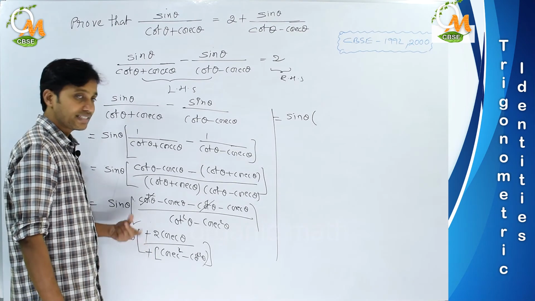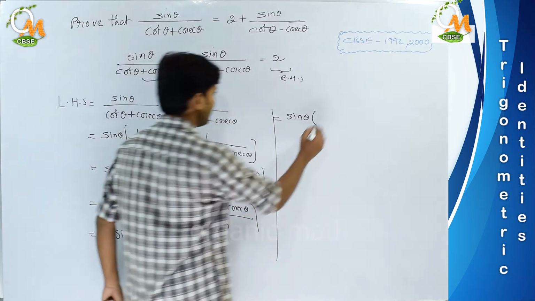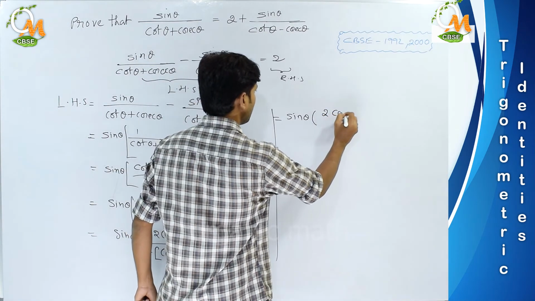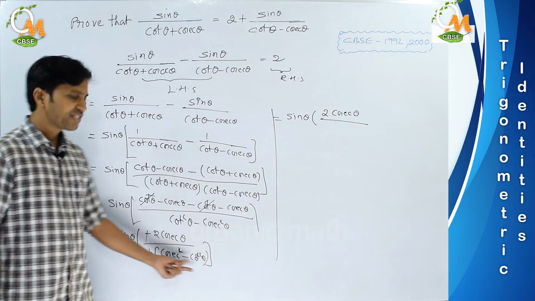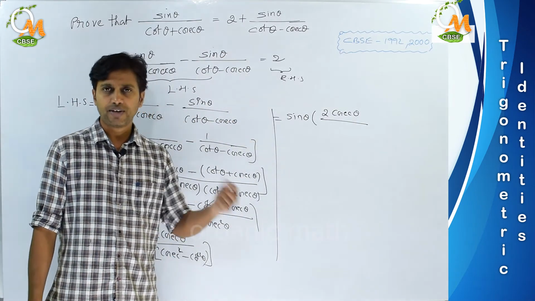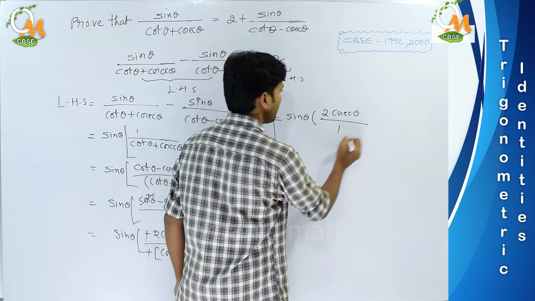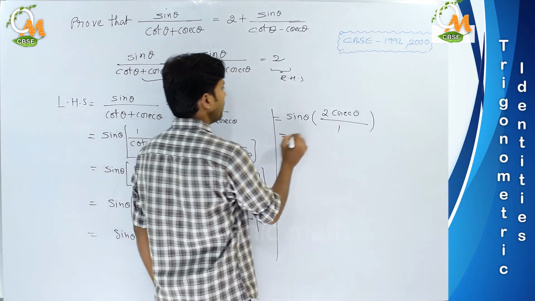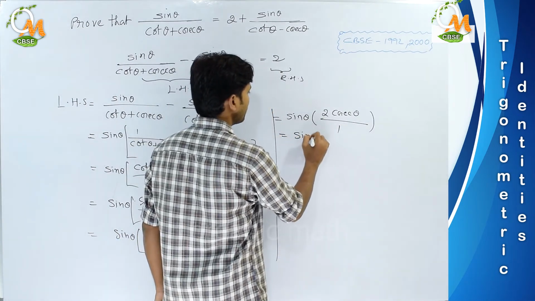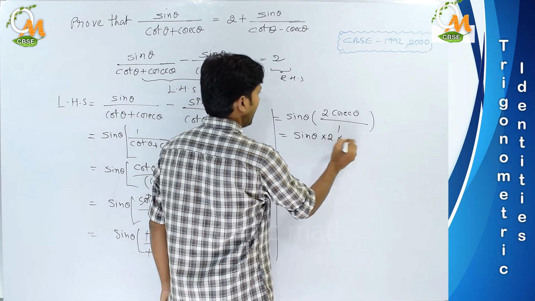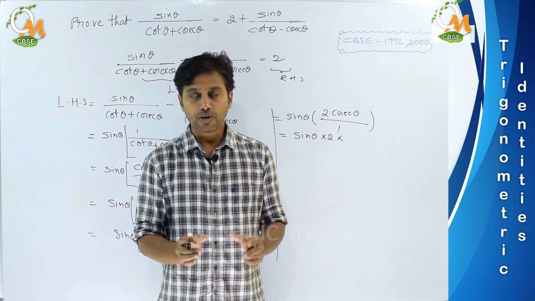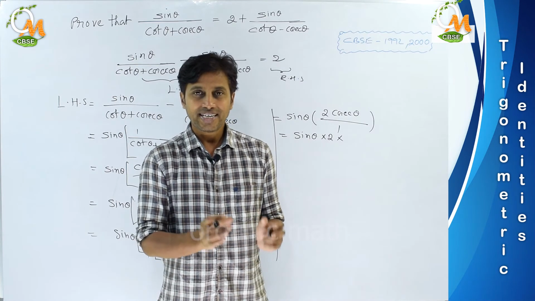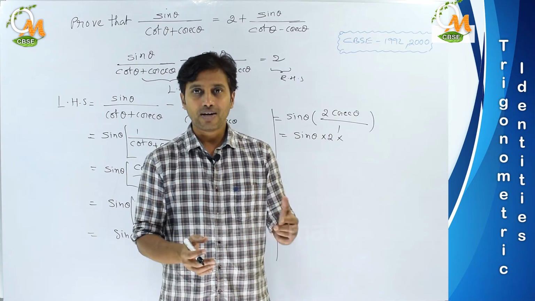Now we can write sine theta into 2 cosecant theta upon cosecant square theta minus cot square theta, whose value is 1. So sine theta into 2, and cosecant theta is the reciprocal of sine theta, so it can be expressed as 1 by sine theta.